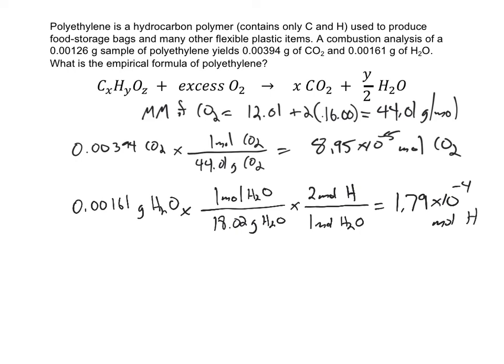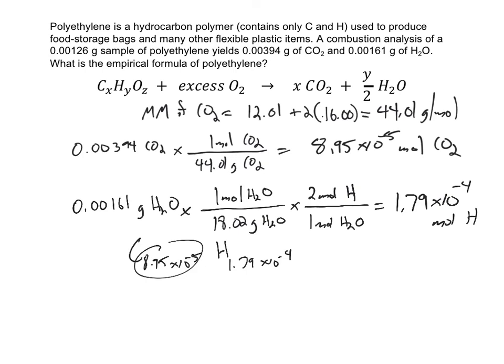Remember, the moles of CO2 is the same as the moles of carbon. So essentially, I know that I have C and then H. And so to find the empirical formula, I just need to divide the number of moles of each one by the smallest one. So that's going to be the 8.95 times 10 to the minus 5.